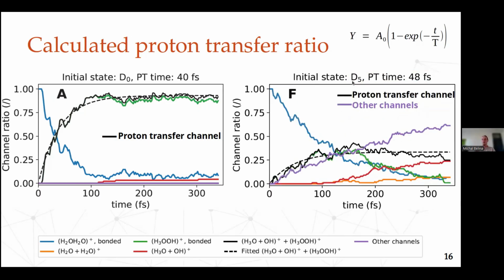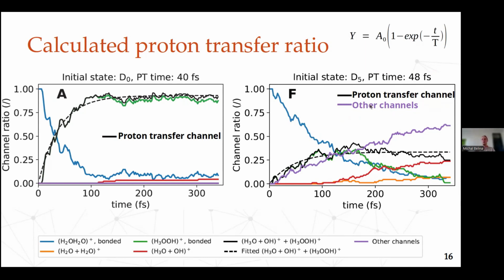And just out of curiosity, here is how it looked when we started from the 5th excited state. Again, the proton transfer time was almost the same as when started from the 0 state, but the final yield was much lower as other channels contributed much more.